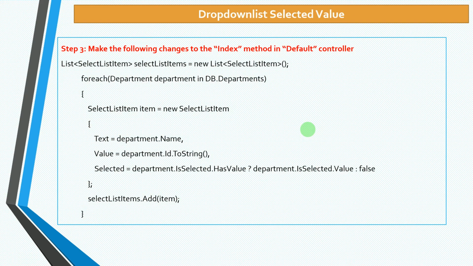Every time the IsSelected property is 1 for only one row, where 1 is found it will be selected, and if it finds 0, then it will not be selected.